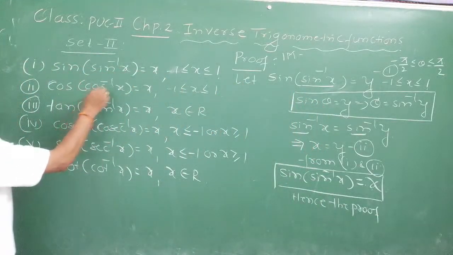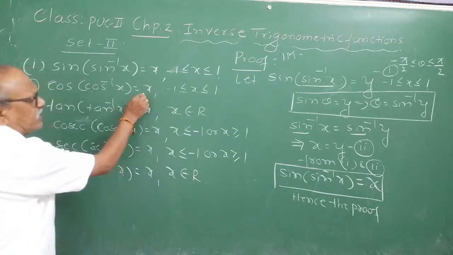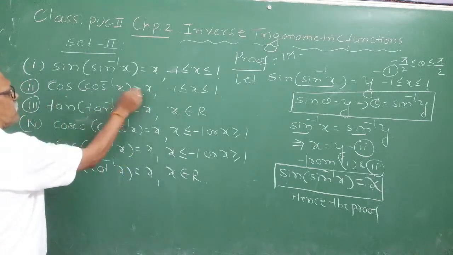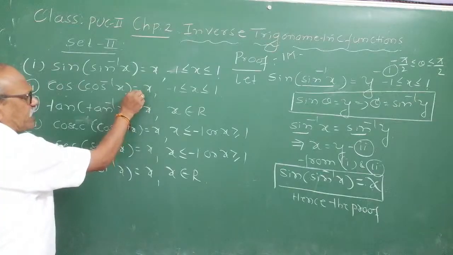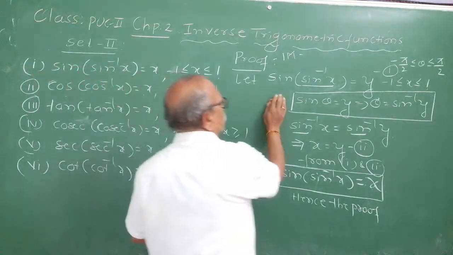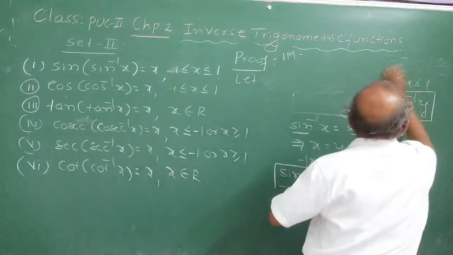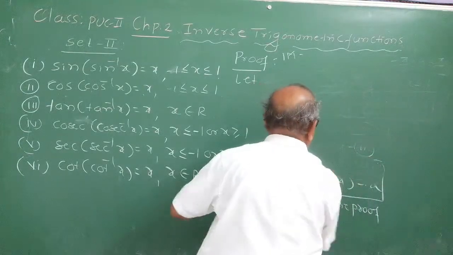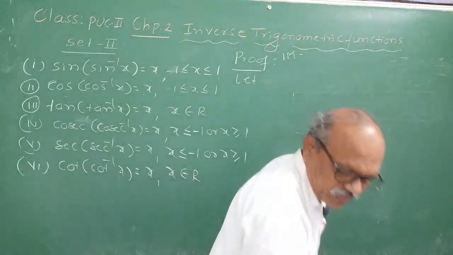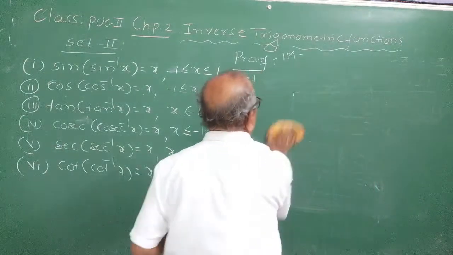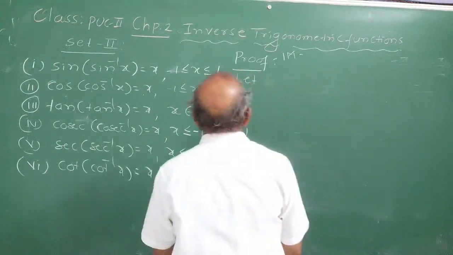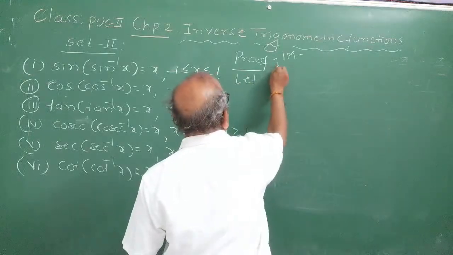Cos of cos inverse x is equal to x. Right? Now you can assume it as y. I will show you another one. That is, let us take the second one.